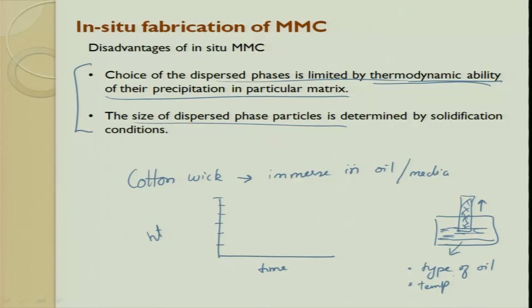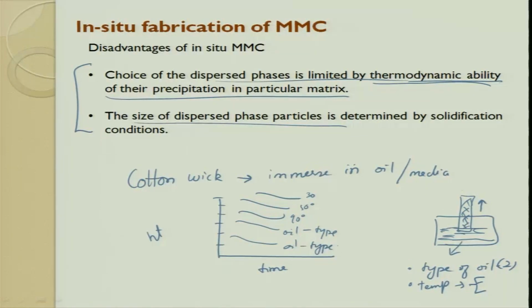So, take 2 types of oil and 3 different temperatures. Please plot it. For example, this can be at 30 degrees, this can be 50 degrees, this can be 90 degrees, whatever it is, and this can be oil type A, and this can be type B.